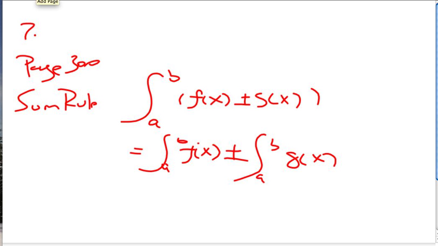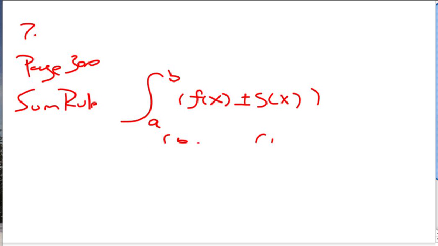It's very similar to the limits. So have you memorized it? Okay. Let's see, how do we do this?